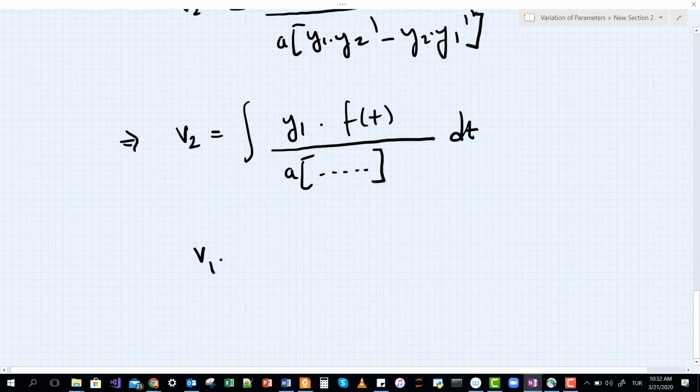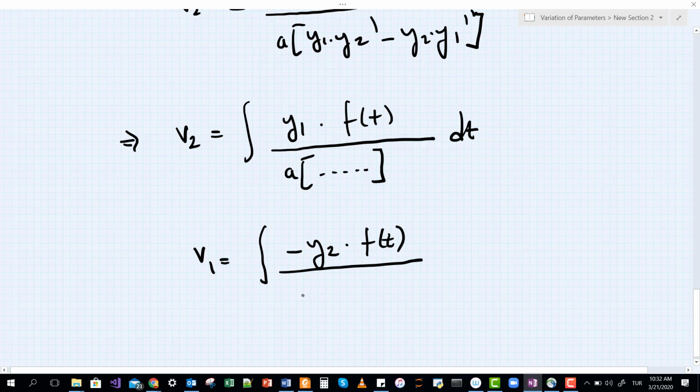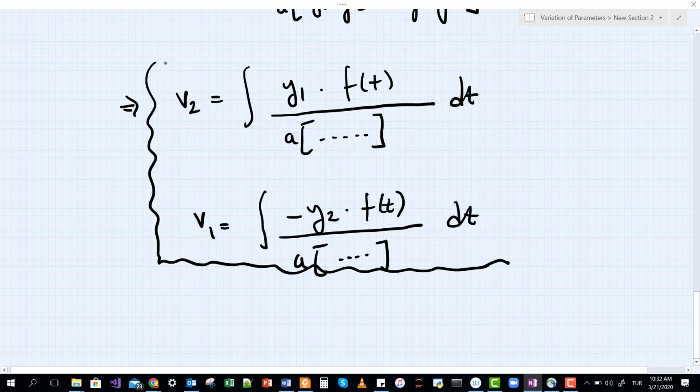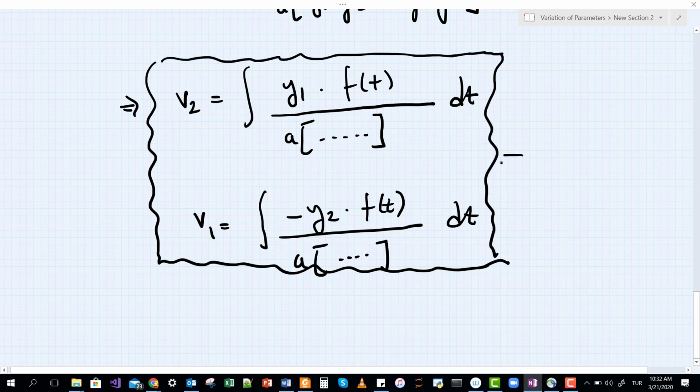If you do the same thing for v1, you are going to find negative y2 times f of t over a times whatever you have in the parentheses, dt. Okay, guys, as you see, I found a way to find v1 and v2. That was my purpose, and that is what I call the variation of parameters technique.